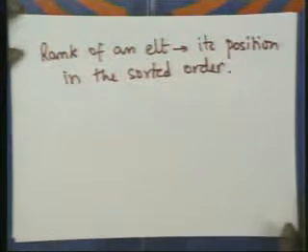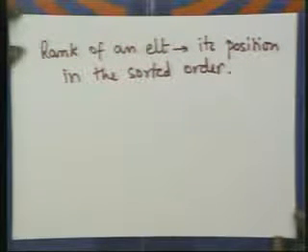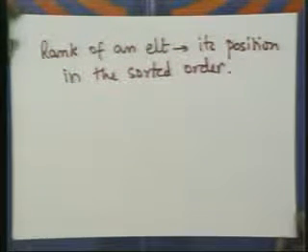Recall that we are assuming that each element in the array is distinct, so each element has a distinct rank. If there are i elements smaller than x, the rank is i plus 1. The minimum element has rank 1, and the maximum element has rank n, which is the size of the array.